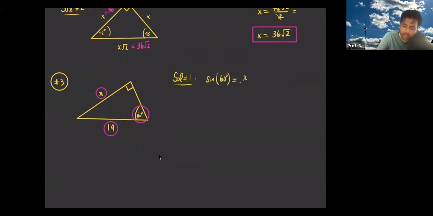That equals X over 19. And I already know that sine of 60 is rad 3 over 2, equals X over 19. And then all I need to do is to get X by itself. So multiply by 19 on both sides. And I get that X is equal to 19 rad 3 divided by 2. That's it.